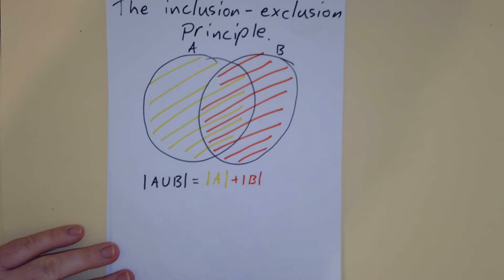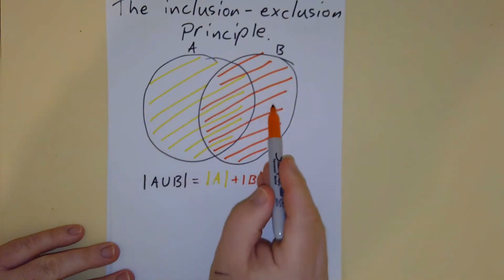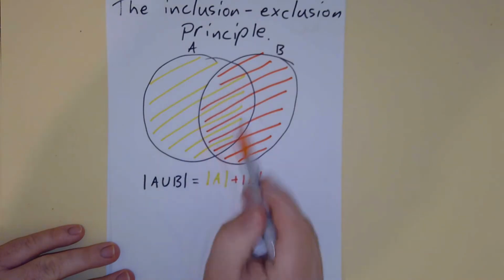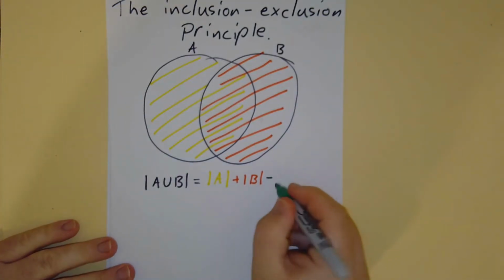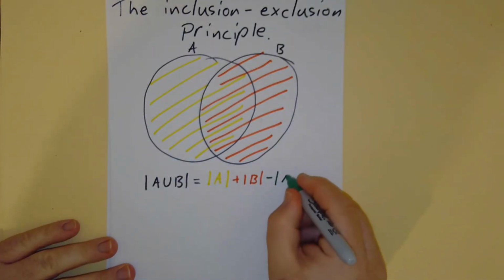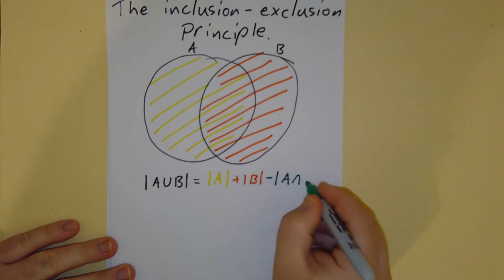So clearly this is currently not true, because I've counted this once, I've counted this once, but I've counted this bit in the middle twice. So what I need to do then is subtract off the bit that's in the middle, which would be A intersection B.